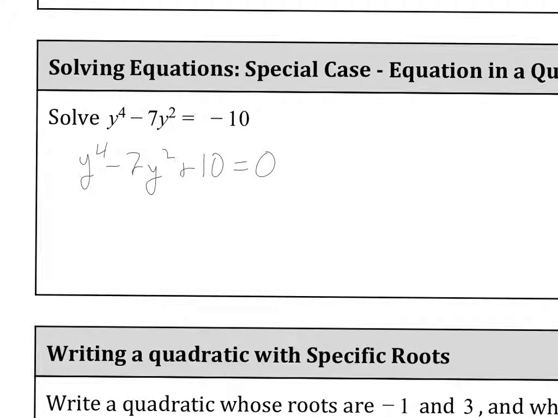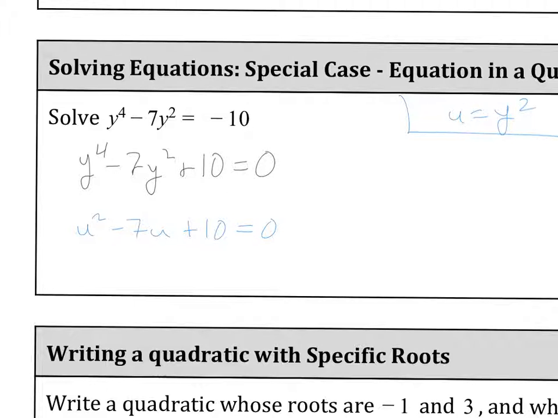And then because this highest power is twice as big as this one, however you want to look at it, the relationship is 2 to 1. We can think of this as if it were, I'm going to use a u because I like to use a u, u squared minus 7u plus 10 equals 0. And kind of in the back of our minds, u is equal to y squared.